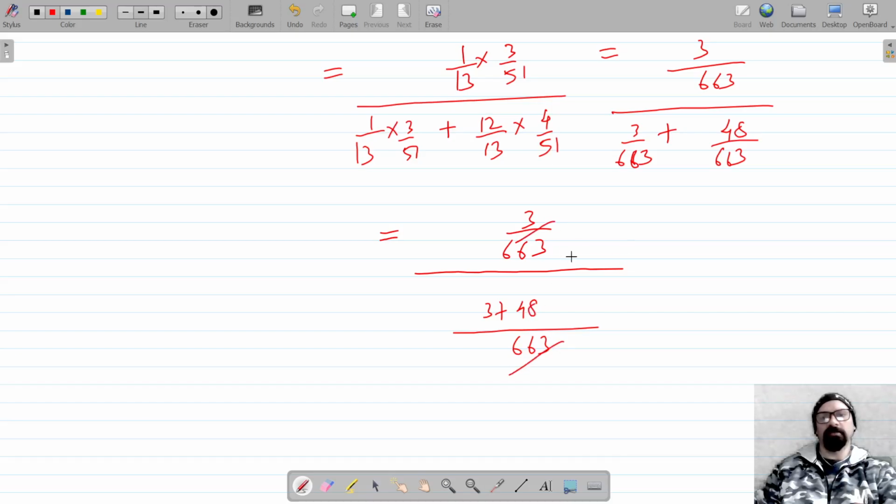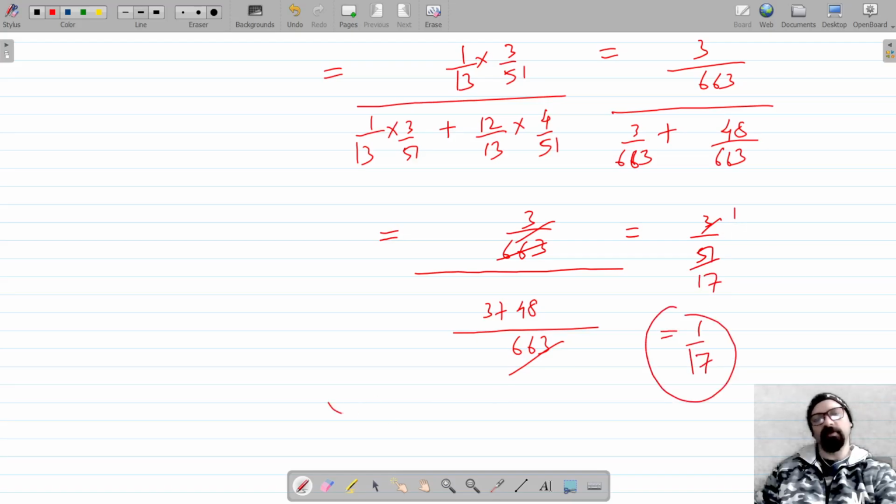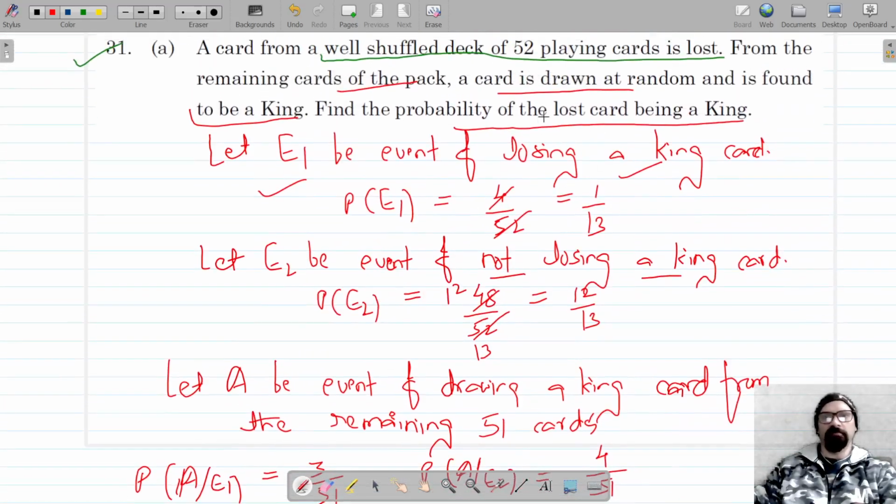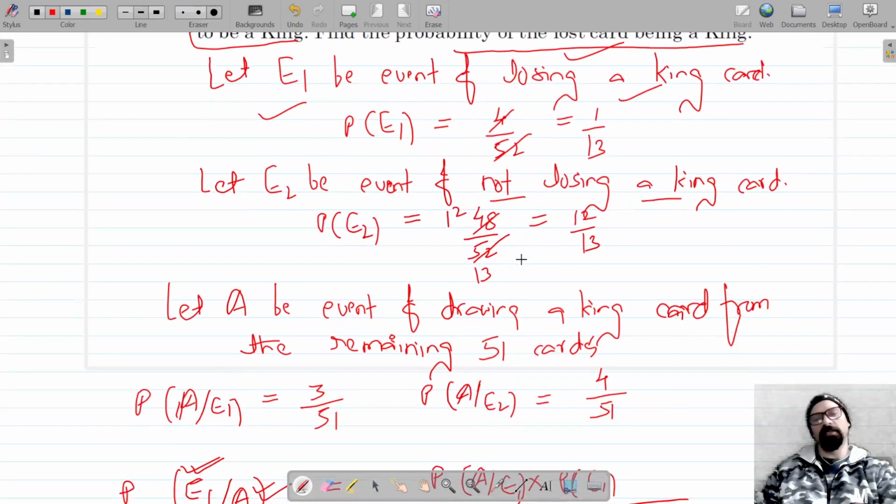We can strike the same denominator, so this is 3 upon 3 plus 48, which is 51. This is 3 upon 51, which will finally give the answer. So the required probability is 1 by 17. So 1 by 17 is the probability of the lost card being a king.